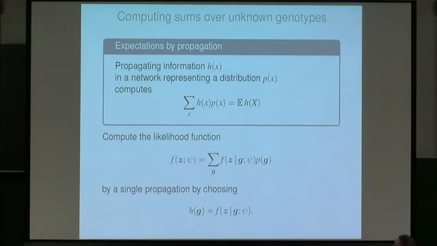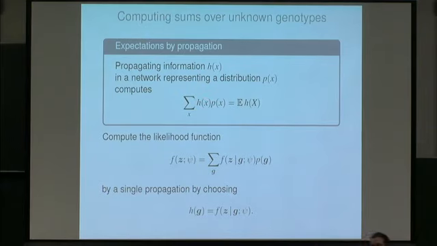And I'll finish with this nice little theorem. It means that, much more generally, if I have a network representing the distribution of some variables x, and I propagate information h of x, then as a byproduct of the probability propagation, I actually get a sum of this function over all the possible states of x.